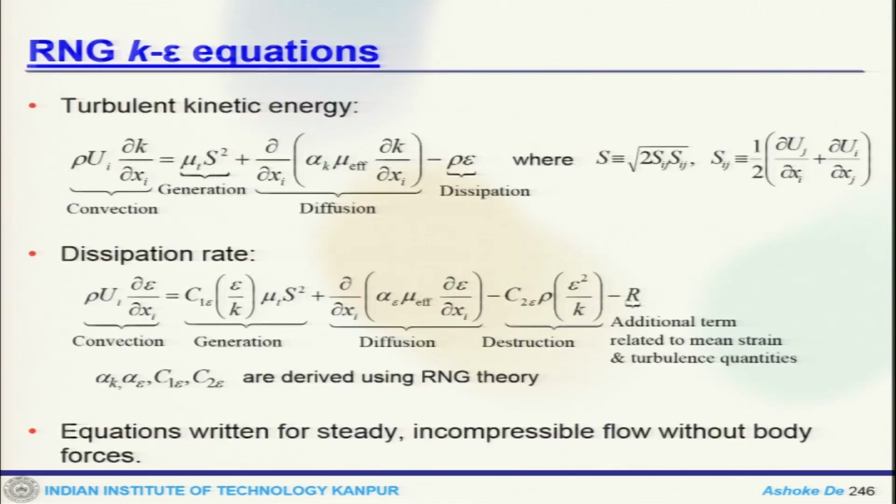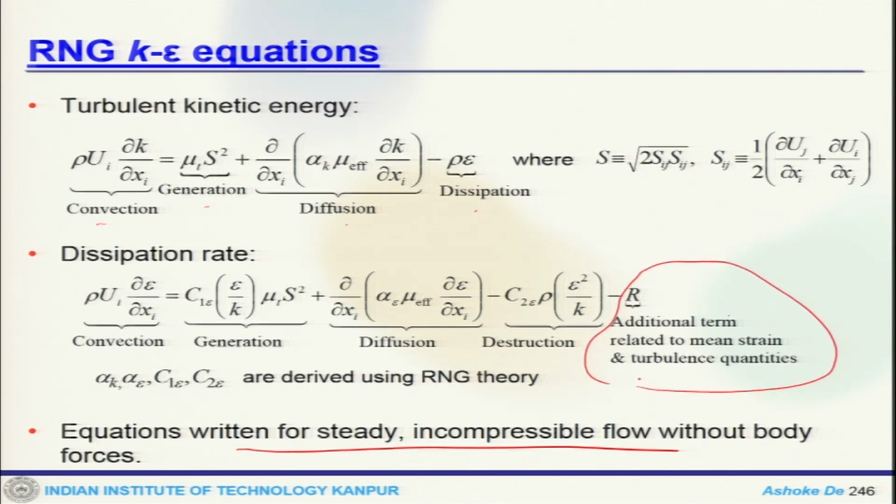If you look at these RNG K epsilon based equations, this is my convection term, generation term, this is again for steady incompressible flow, this is diffusion, and this is the epsilon equation where an additional term is related to mean strain and turbulent quantity. So, this is what comes into the picture when you compare to standard K epsilon.